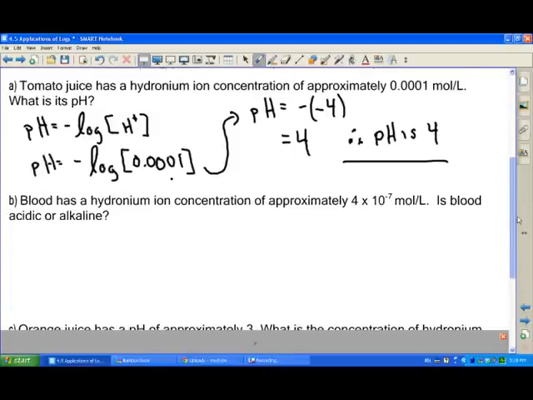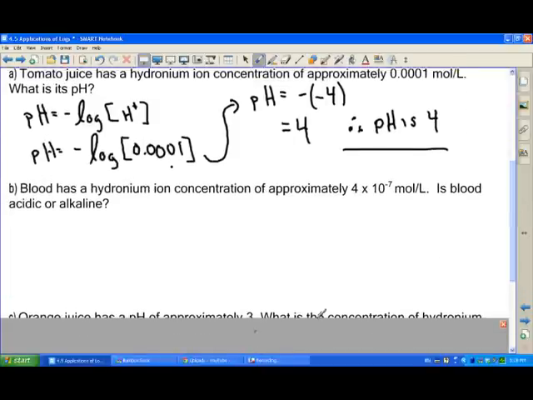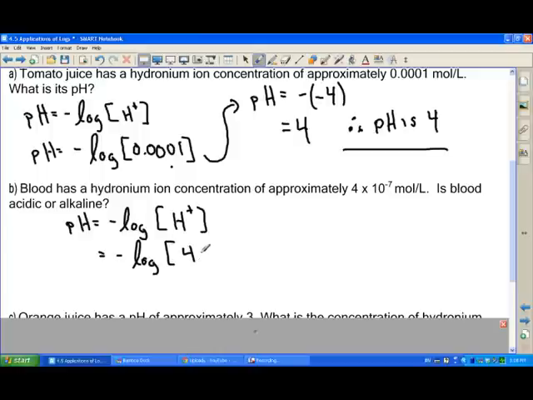Okay, similar question. Blood has a concentration of ions of 4 times 10 to the power of -7. So we'd like to know if blood is acidic or alkaline. So we can plug this into our calculator.